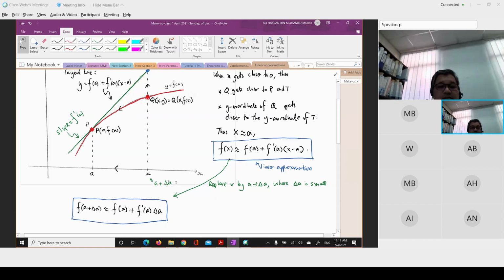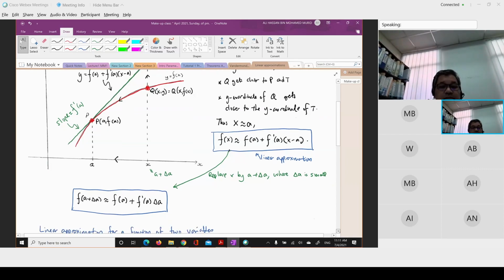So when delta a is small, a plus delta a is close to a. If I replace x in this blue box by a plus delta a, then x minus a becomes delta a. So this is also called a linear approximation formula.